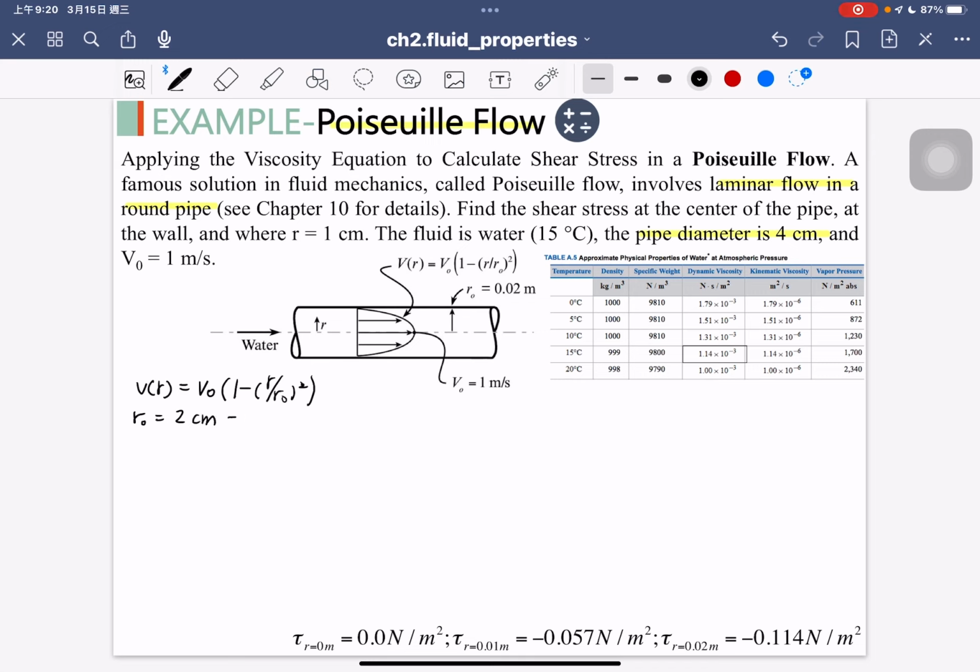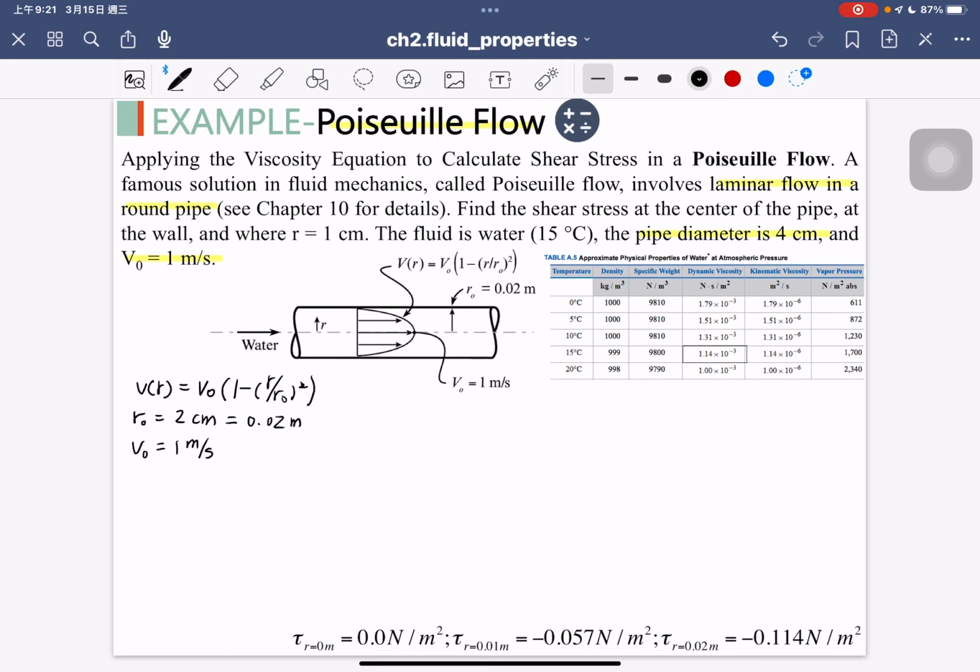And we convert the centimeter to the meter unit, so 0.02 meter. And the velocity along the center, we also have the condition, is equal to 1 meter per second. So the velocity along the center of the pipe is 1 meter per second.